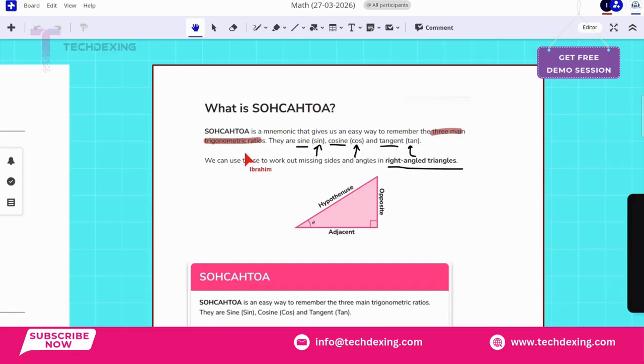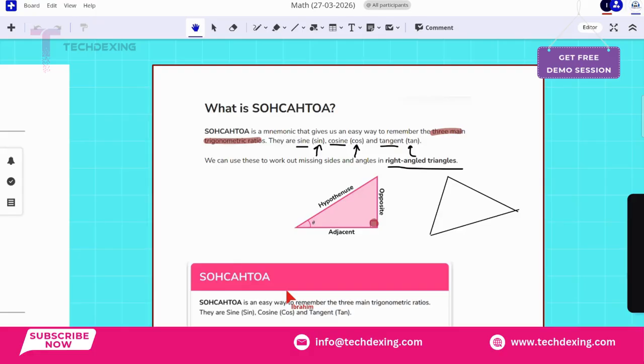We are unable to apply SOHCAHTOA on this triangle. If we want to find the sides or any angle, we will use other rules.